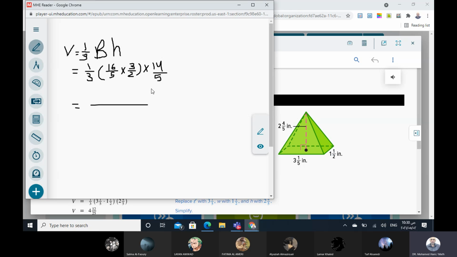How to multiply the fractions? Multiply the numerators, then the denominators. So up here we have 1 times 16 means 16 times 3 times 14, sorry. And down we have 3 times 5 times 2 times 5.